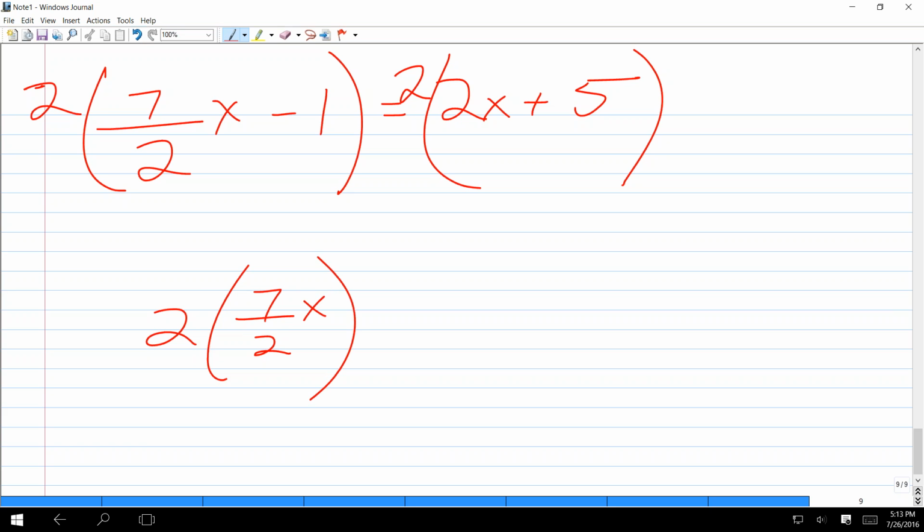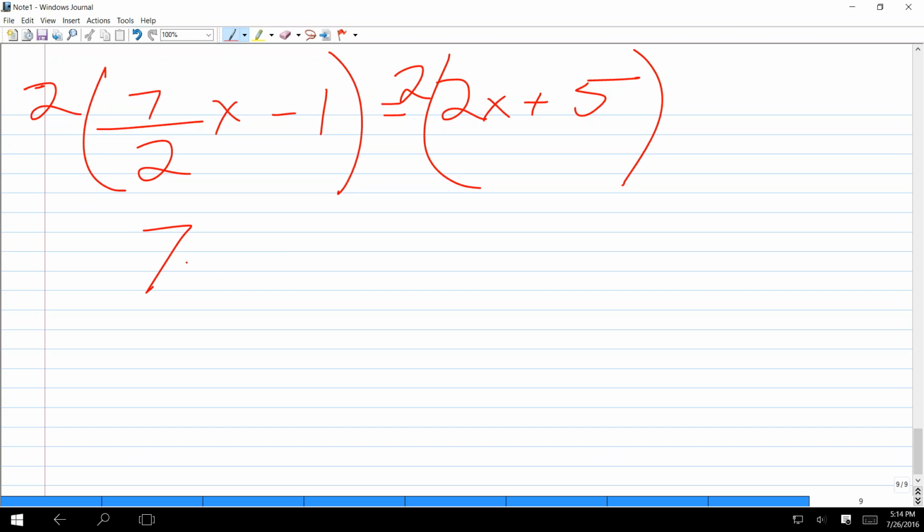That is going to be 2 times. The 2's cancel. So it's going to be 7x, 7 over 1. In other words, the reason I decided to multiply both sides by 2 was so that I would get rid of that 2.